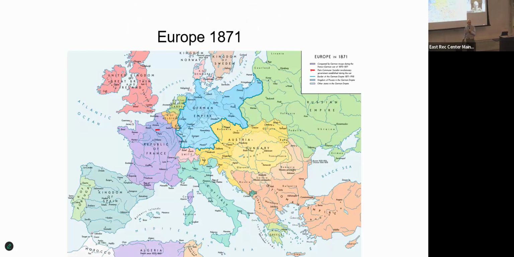Lemberg is Lviv. Lviv is now in Ukraine, but there it is, Lemberg, part of Austria. This is Galicia. There's Krakow, part of Austria. Plus you've got Romania and Serbia.